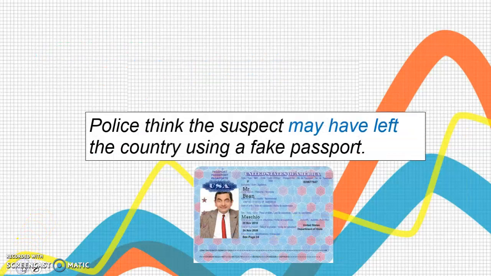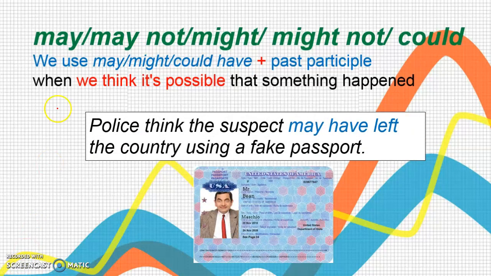Next, we are going to talk about the second group of modal verbs. In this group, we have may have, or may not have, might have, or might not have, or could have.